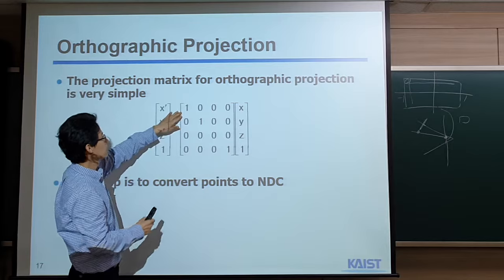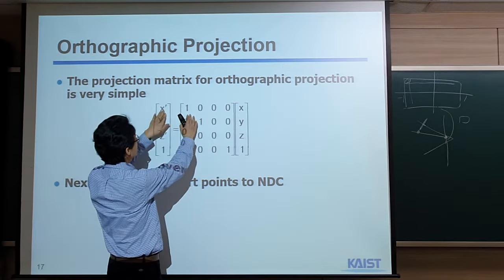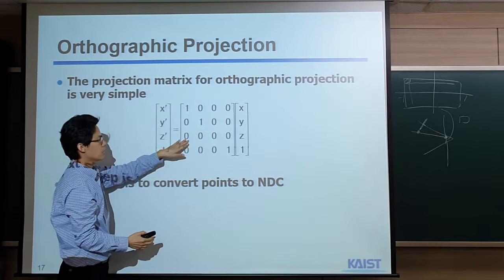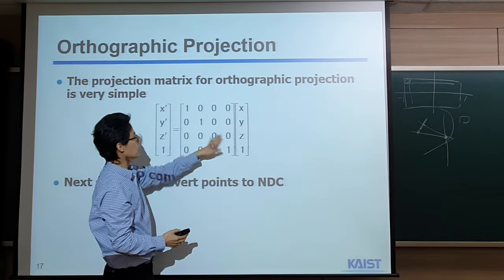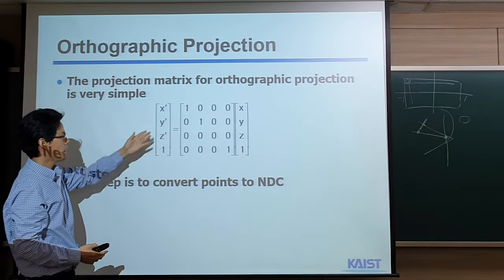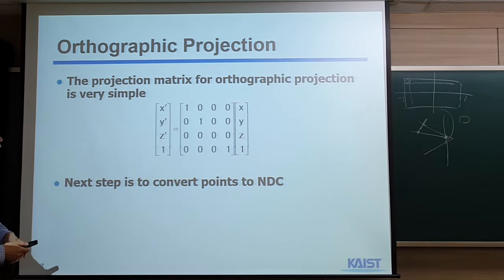X prime is X, Y prime is Y, but the Z component we set to 0. So in other words, we cancel it. Now after the orthographic projection it has a 0 component, and this is the very simple orthographic projection.